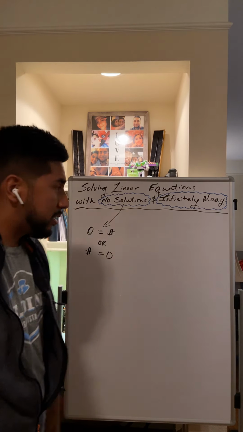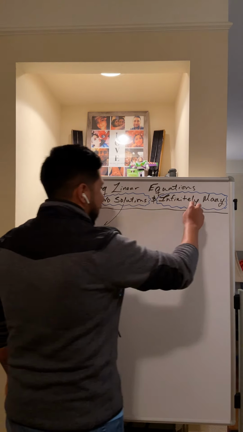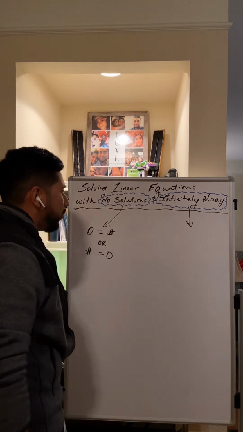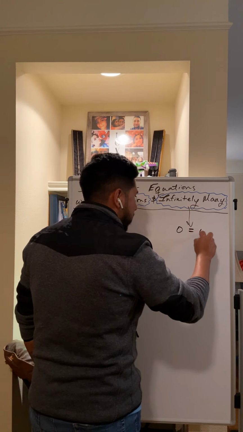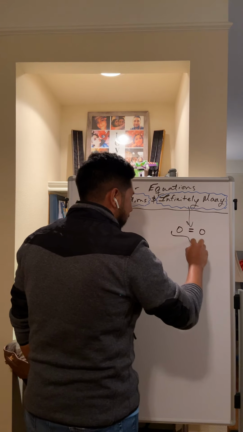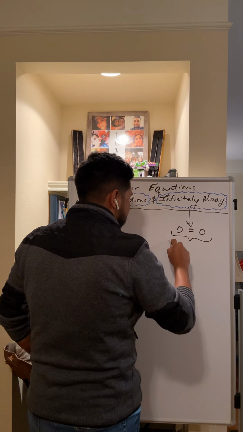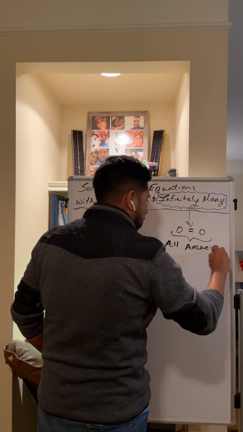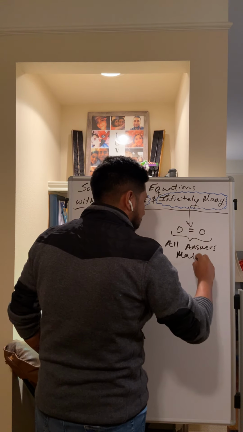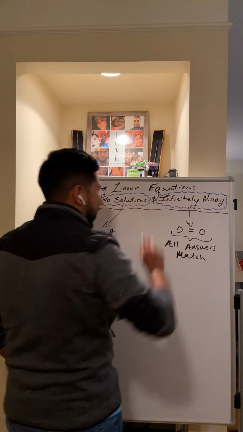They don't make sense. Over here, infinitely many: after you solve, you should get 0 equals 0. This tells me all the answers match. All answers match, which stands for infinitely many.